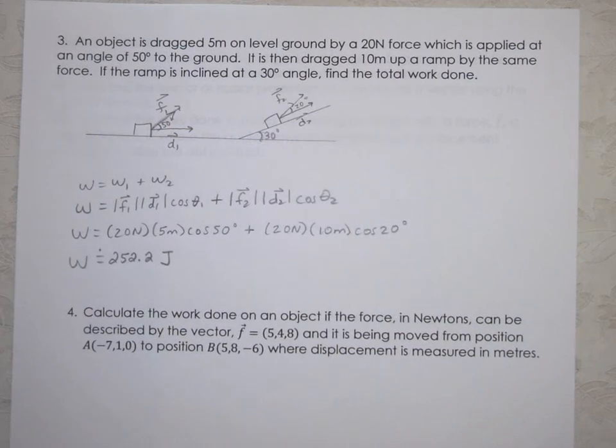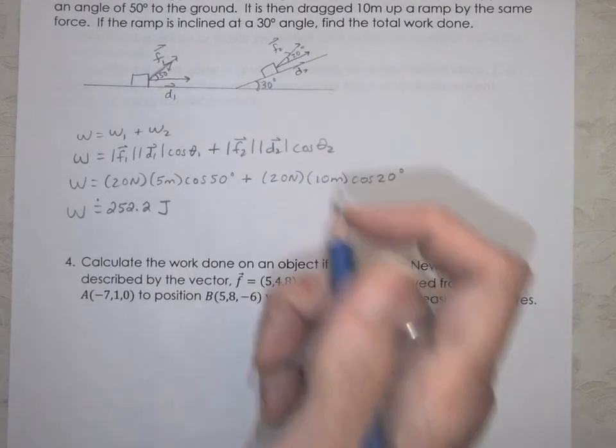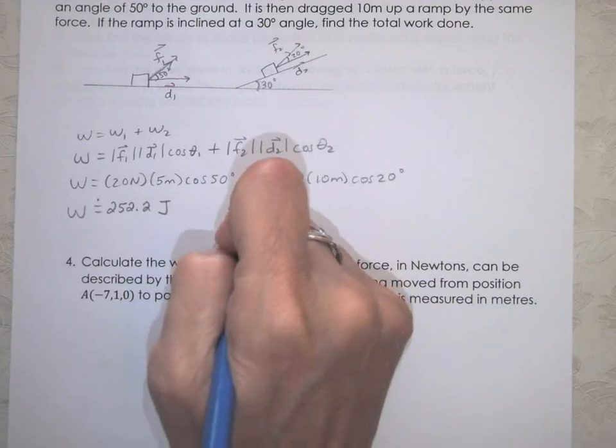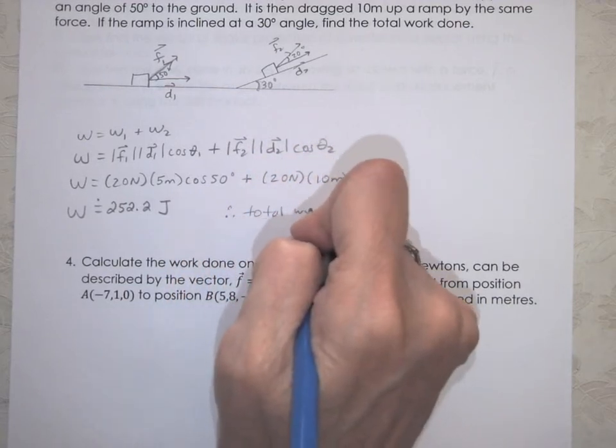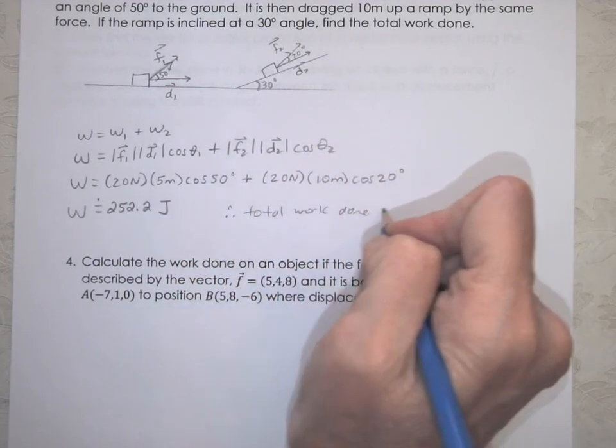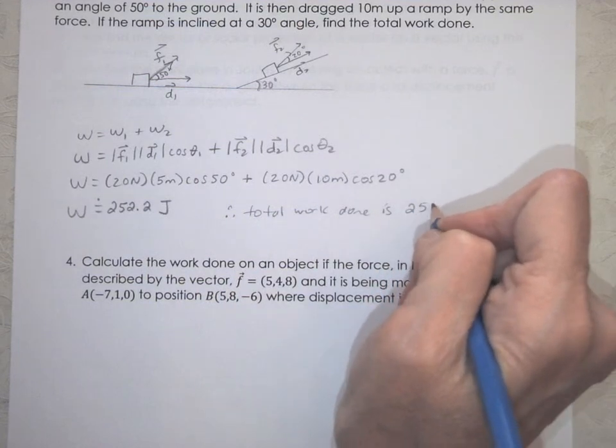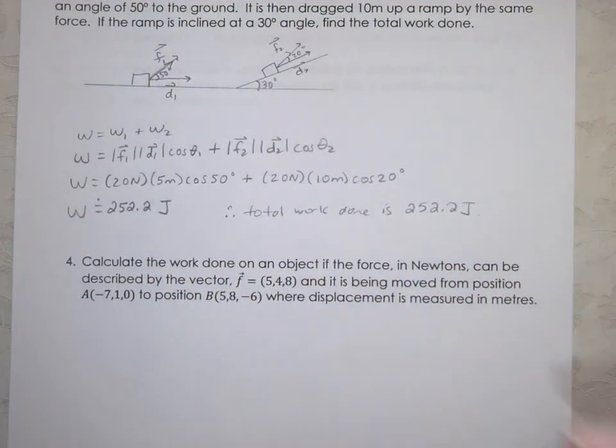So that would be my total work done. It's kind of a word problem, so you could say therefore total work done is 252.2 joules.